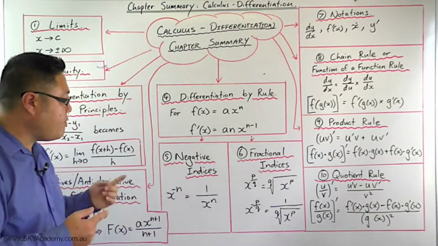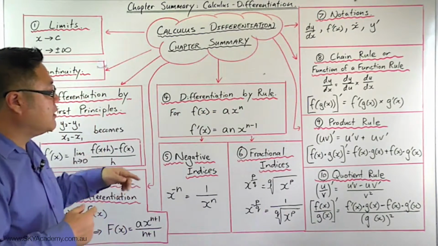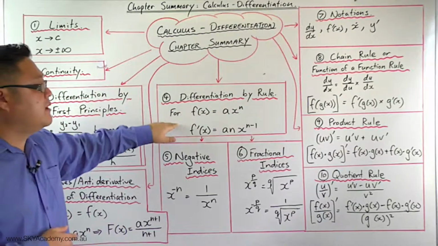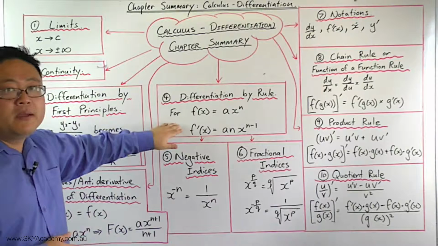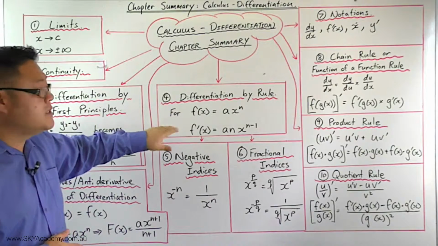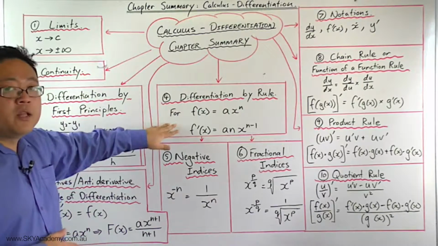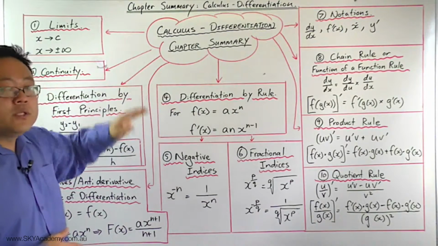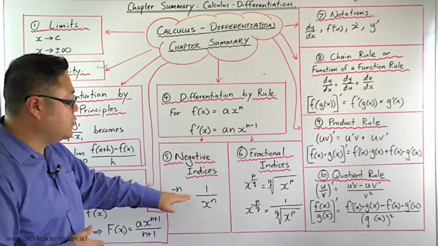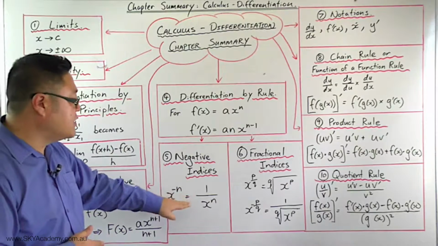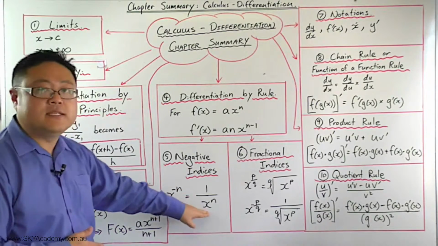We then looked at how to apply that to different polynomial type functions, but we also looked at how to apply that to functions where you've got negative indices.